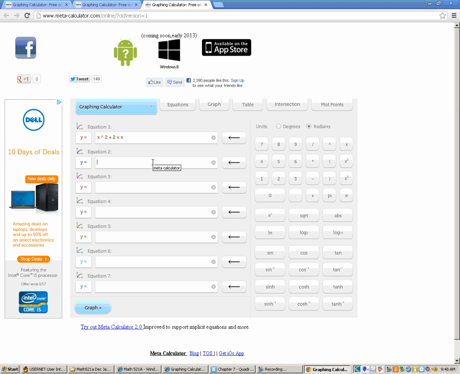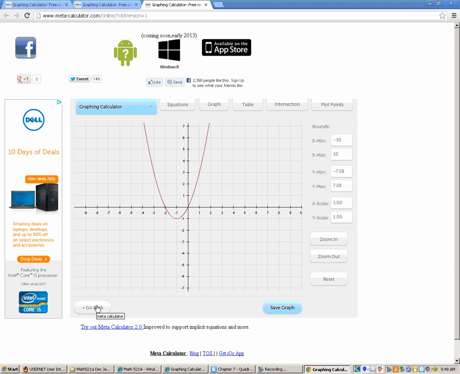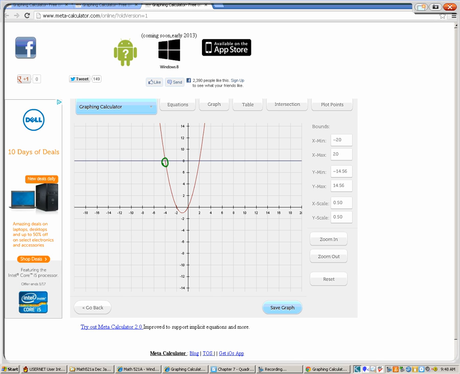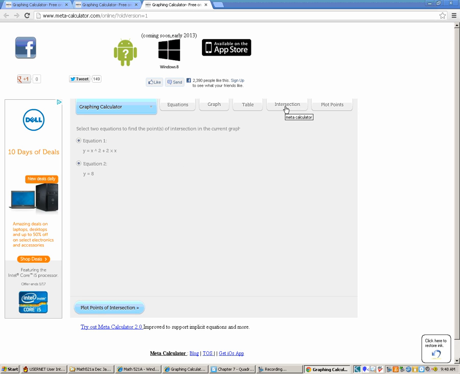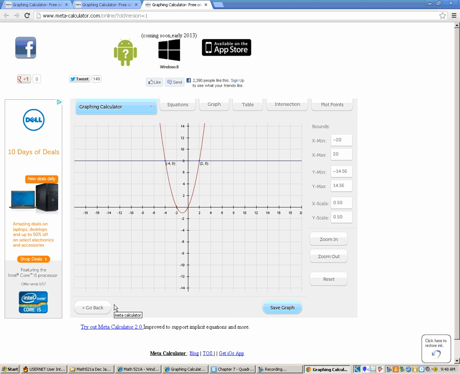If we graph them, we might have to zoom out, and you can see where they cross. So the answers are the x-coordinates where the two things intersect. It should be -4 and 2. Now we're going to try the intersection and see if it works this time. Okay, click on intersection, plot points of intersection, and there you go, -4 and 2. So you have x equals -4 and x equals 2.